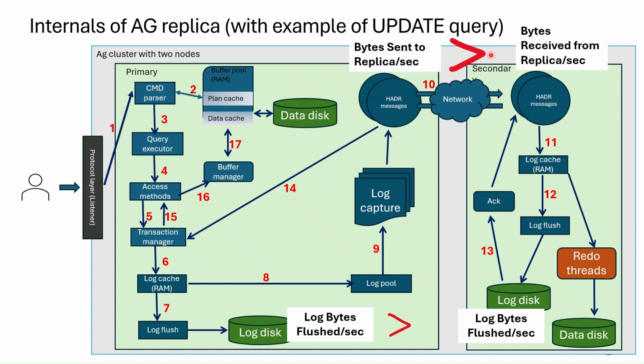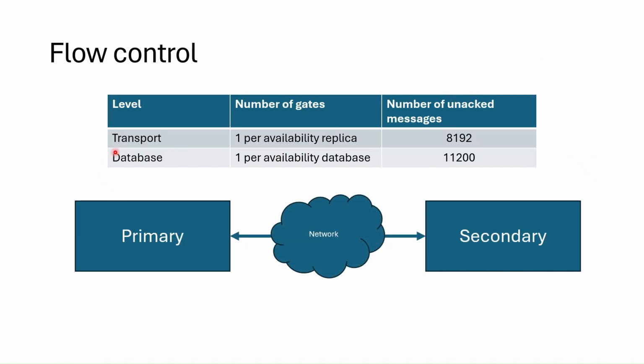There is another important performance monitor counter called flow control per second in both primary and secondary. Always On availability groups have flow control to avoid excessive resource consumption. When the number of unacknowledged messages reaches 8,192 per availability replica or 11,200 per availability database, the sender stops sending messages.